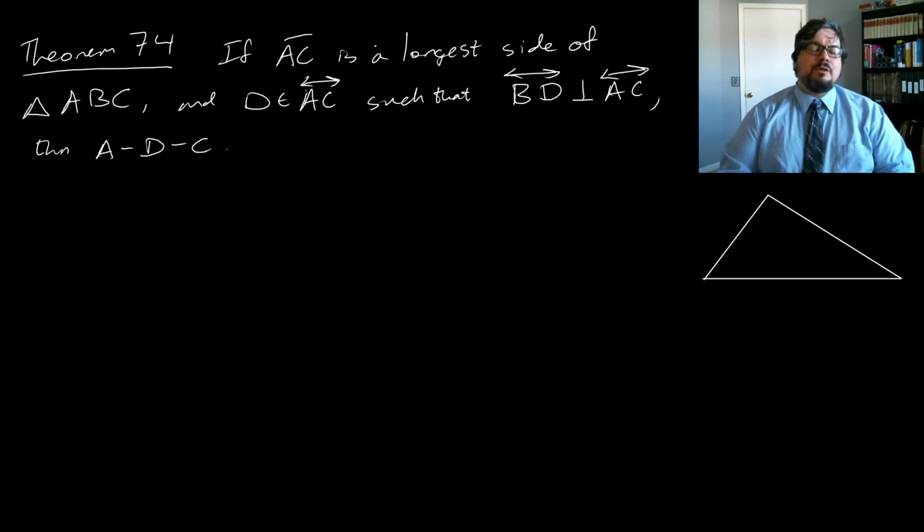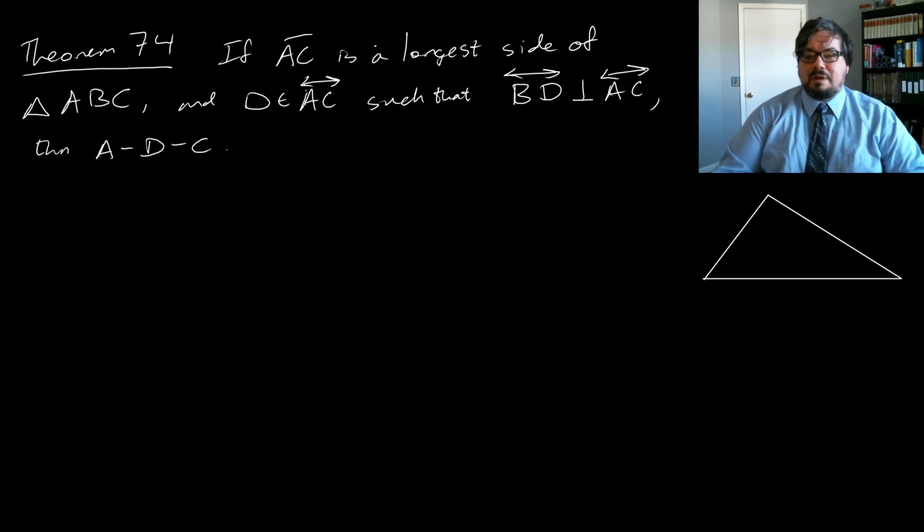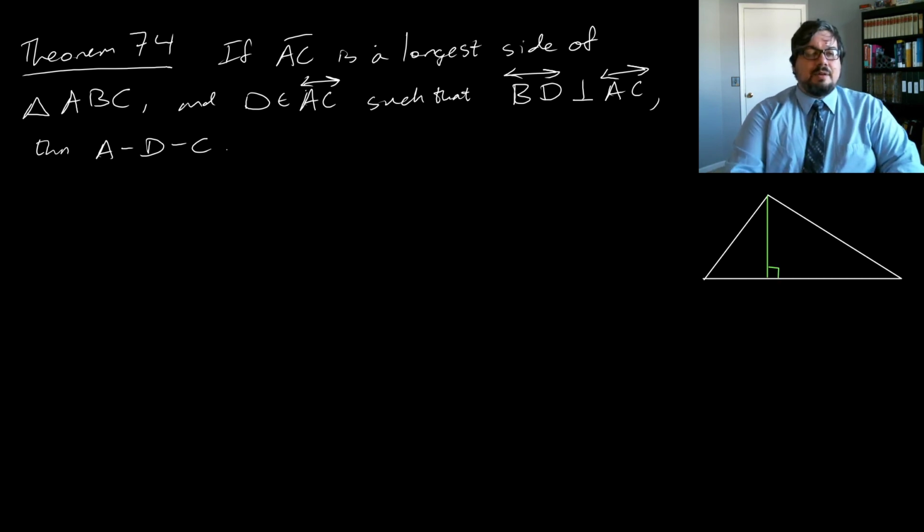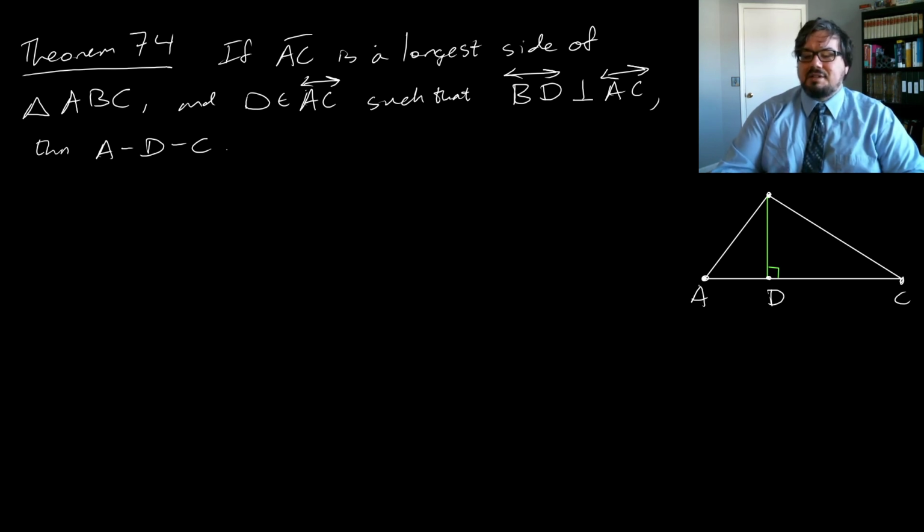You remember back when we were working on side, side, side, and some of the other theorems, we constructed these lines down from one side of a triangle to the other side, and we were either trying to show that they were right angles or we assumed that they were right angles, and then we had to consider all the different possibilities. Well, is this point D between A and C, or is it to the left of A or to the right of C, something like this?